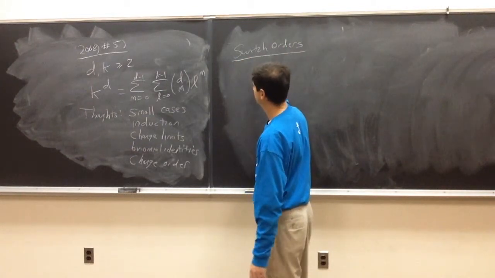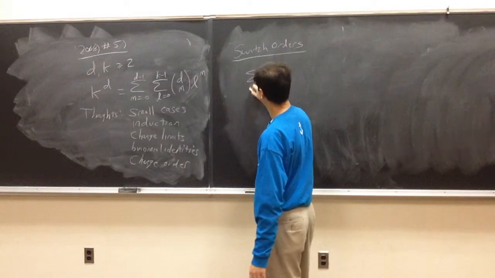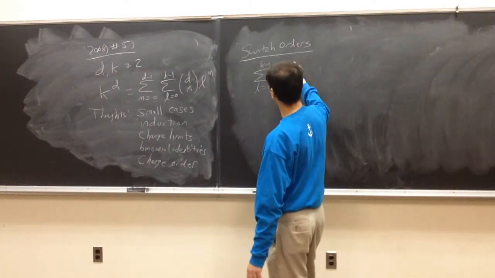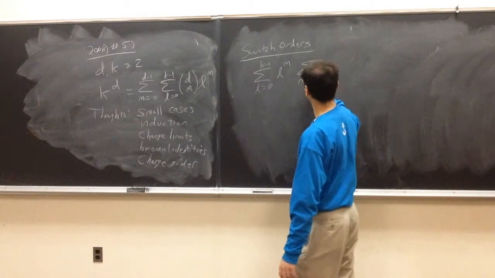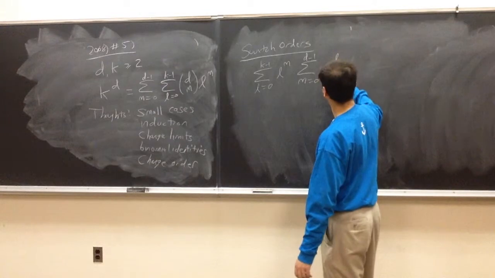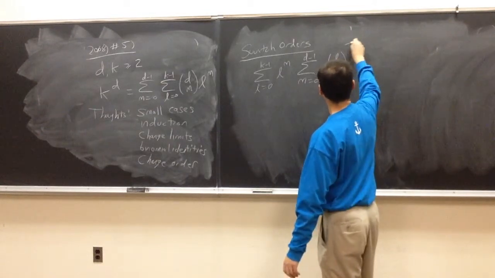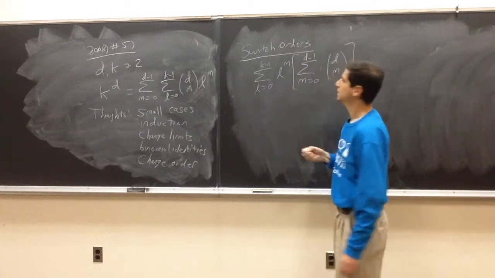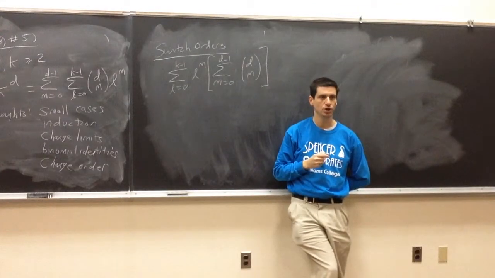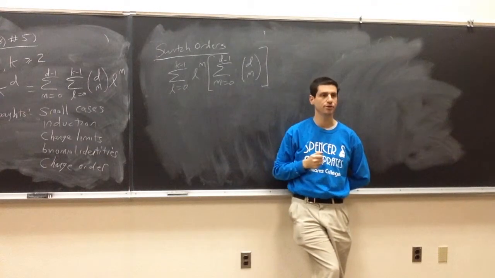So we would have a sum, l goes from 0 to k minus 1, l to the m, a sum, m goes from 0 to d minus 1, d choose m. I claim that this is a really good natural thing to do. What kind of region are we summing over?